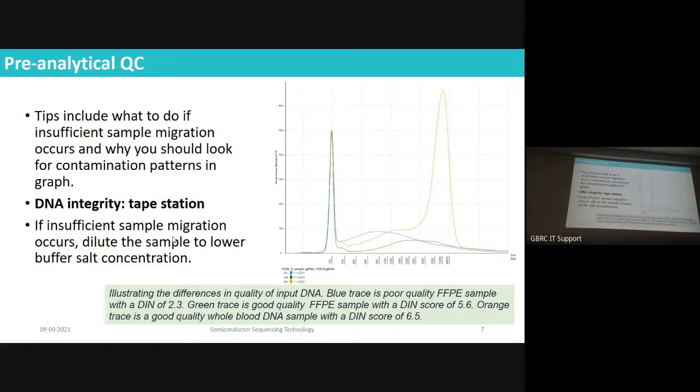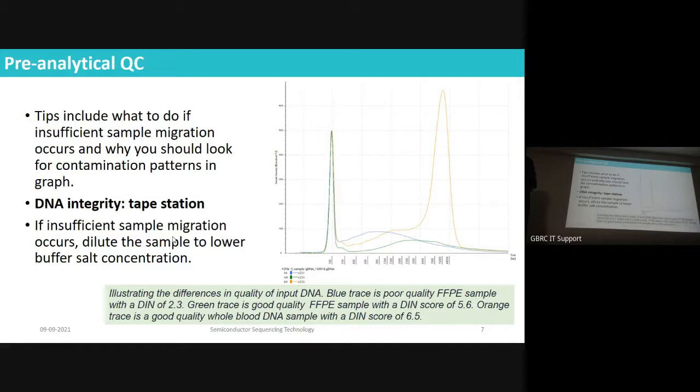Now, DNA integrity also can be checked on a TapeStation. This is a typical image. As you can see, these are 3 different samples which are added. The blue one is a poor quality sample, and the DIN value is also very low, around 2.3.